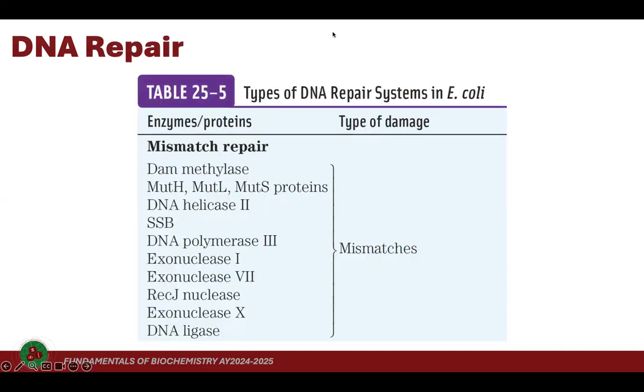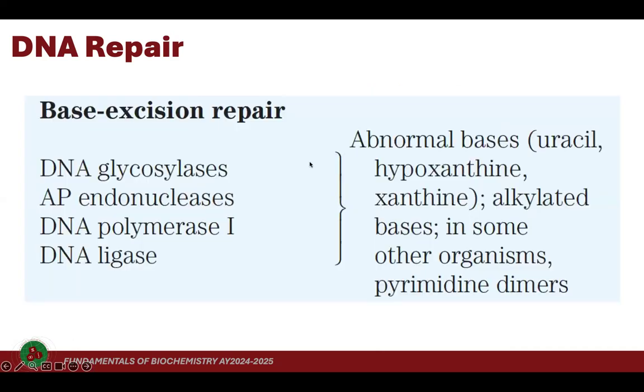So, what are the repair mechanisms used by your cell to address these damages to your DNA? So, we have four types of repair mechanisms. We have mismatch repair, and these are the enzymes involved in this repair system. So, the type of damage addressed are mismatches. Okay, we have the base excision repair.